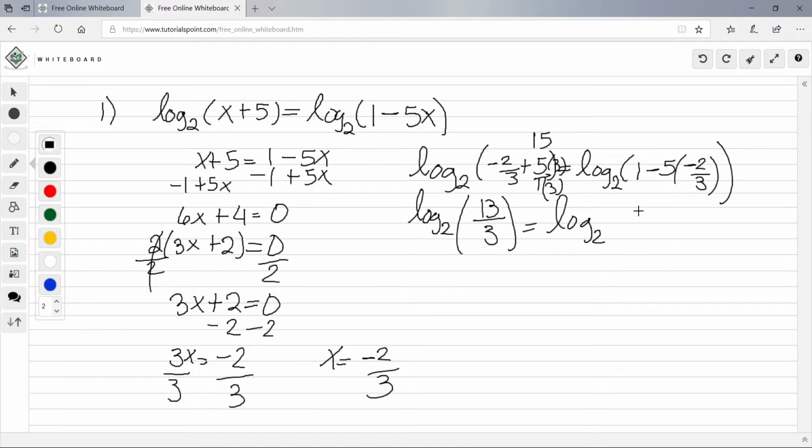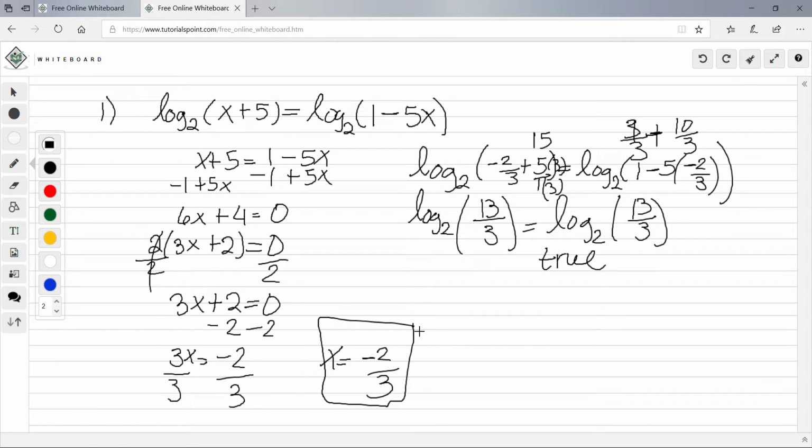Over here we have 1 plus 5 times 2 is 10 over 3, and 3 over 3 is the same thing as 1. So that's 3 plus 10, which is 13 over 3. So this looks like it's true, so x equals negative 2/3.